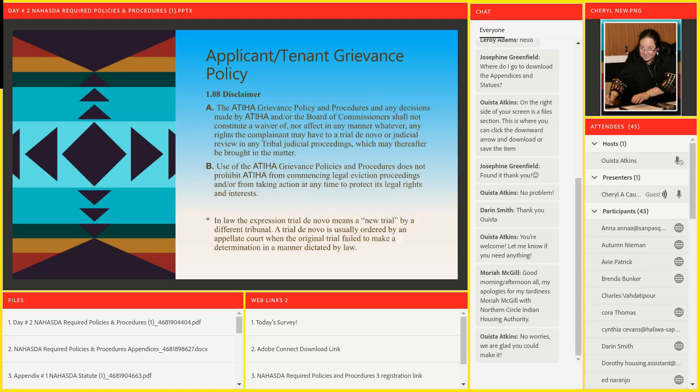You should have a disclaimer that the grievance policies and procedures and any decisions made by the housing entity and the board shall not constitute a waiver nor affect in any manner whatever any rights of the complainant that they may have to a trial de novo or to a judicial review in any tribal judicial proceedings which may thereafter be brought into the matter.